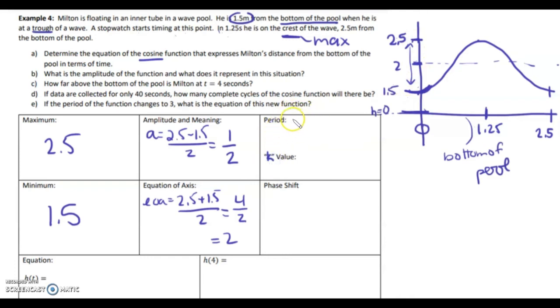Okay, our period, it's straightforward. So our period goes from 0 seconds to 2.5 seconds, which means our K value, we divide 360 by 2.5, and we get 144.